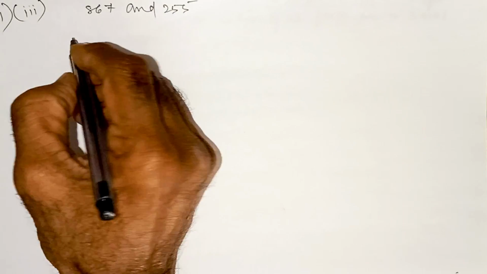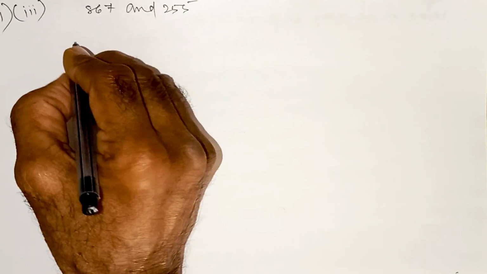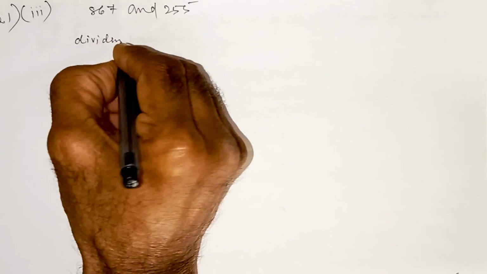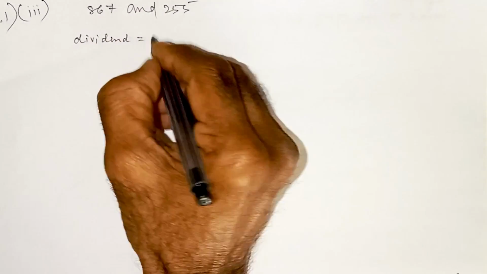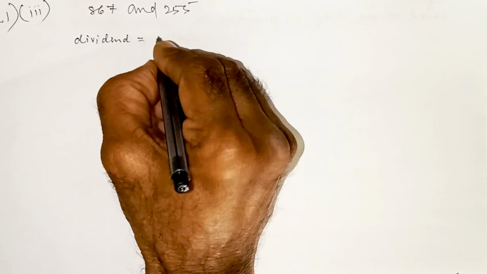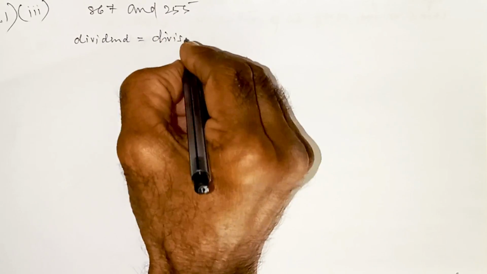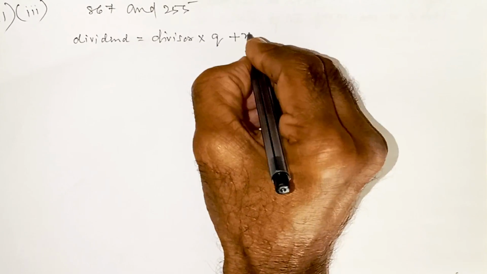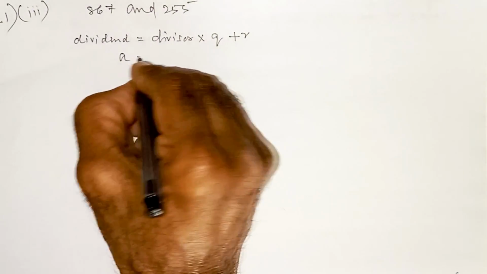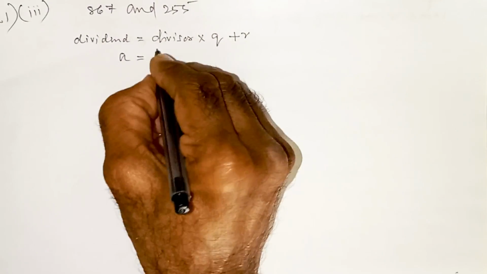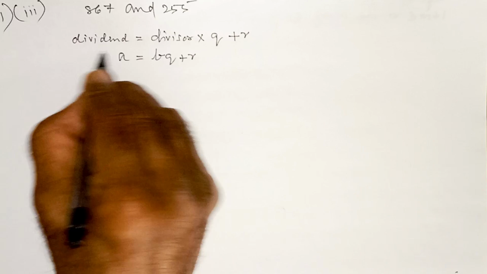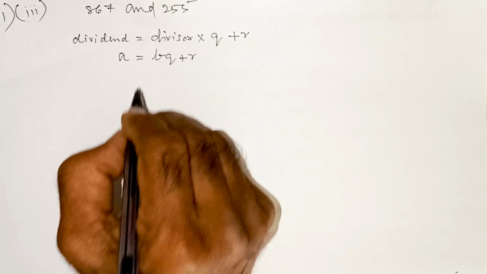As you know, Euclid's division lemma says dividend is equal to divisor into quotient plus R. We write this in this form also: A is equal to BQ plus R, where A is the dividend and B is the divisor.